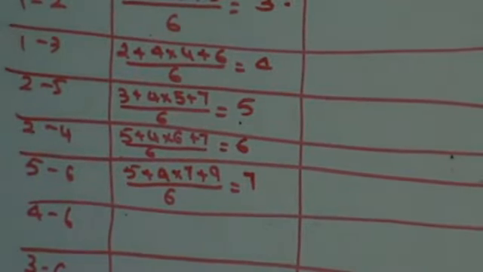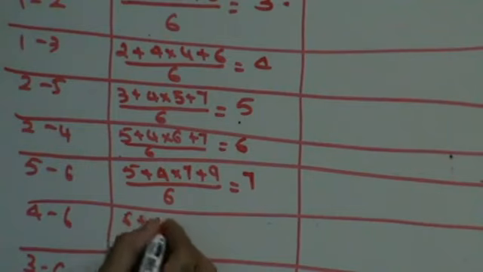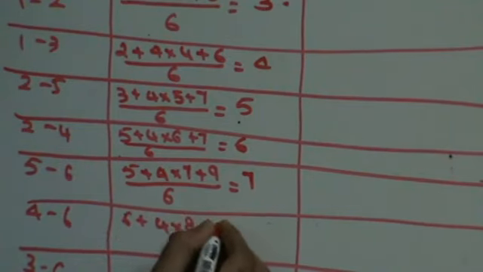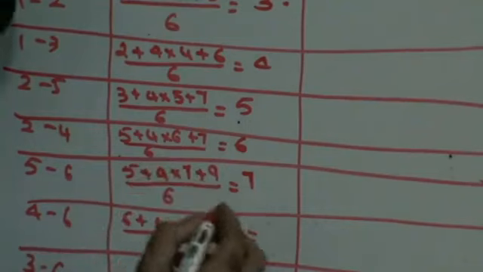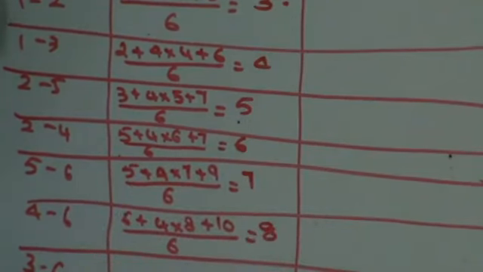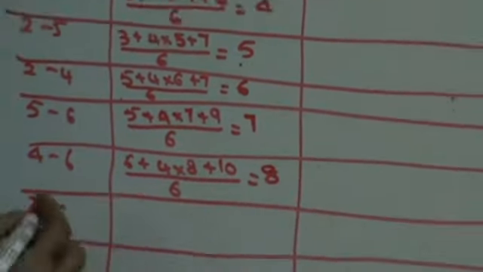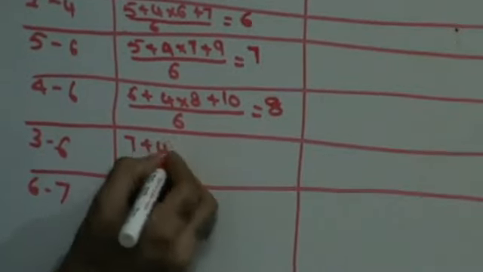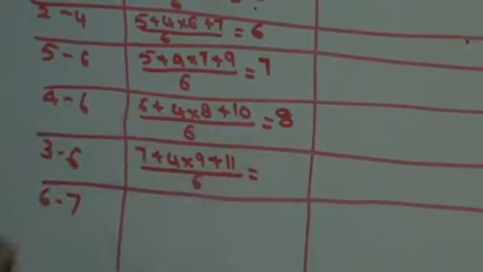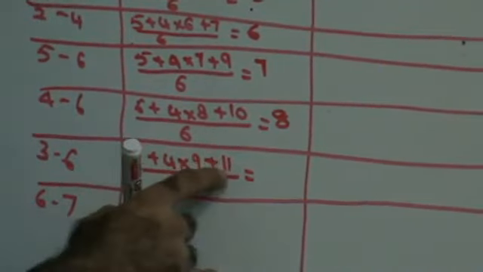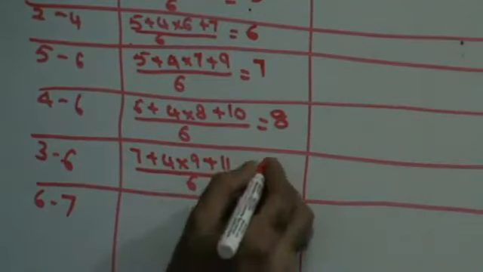Then you have 4 to 6: 6 plus 4 into 8 plus 10 upon 6: 4 8s are 32, 42, 48, 48 upon 6, that is 8. Then you have 7 plus 4 into 9 plus 11 upon 6: 36, 47, 54, 54 upon 6, that is 9.